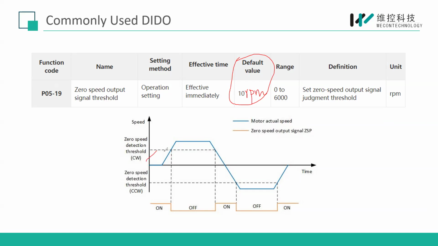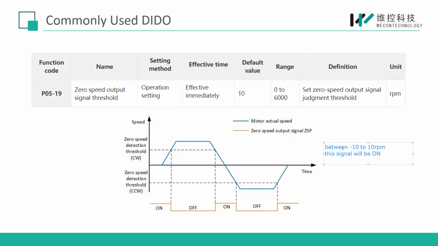So you can see every time when the speed is between -10 to 10 RPM, this signal will be on.